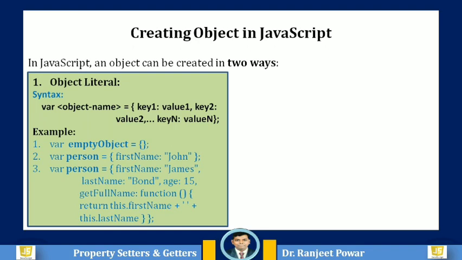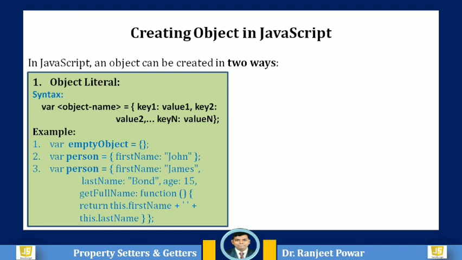The following example creates an object using object literal syntax. The first example creates an object with no properties or methods, that is an empty object. The second example creates a person object with a single property named first name and the value John.